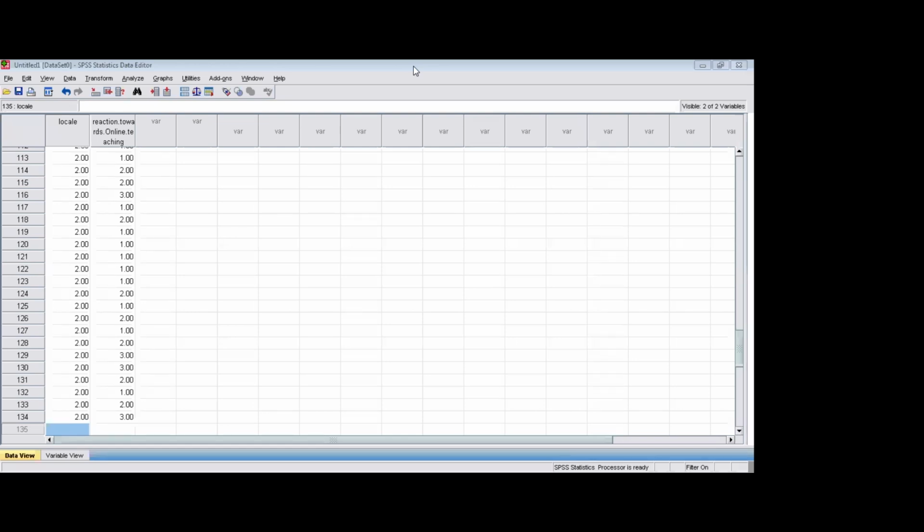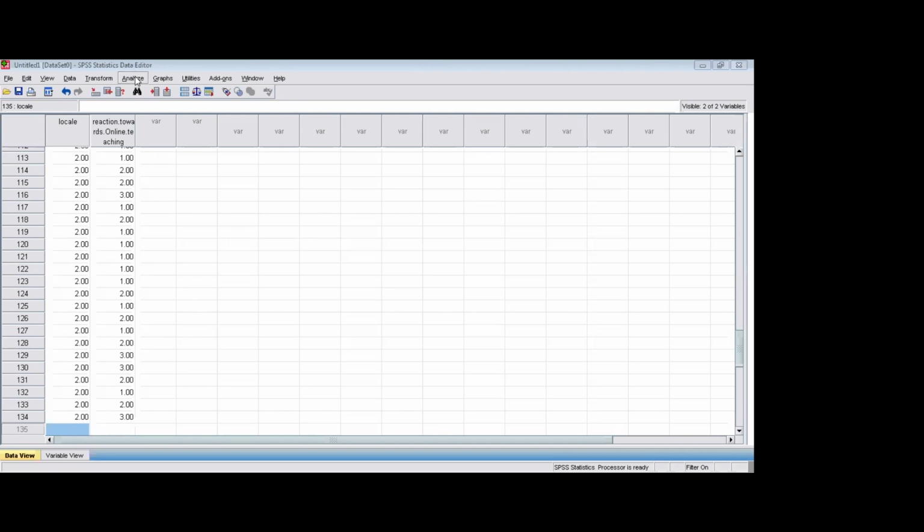SPSS does not show you the program, but it knows that if the frequency is less than 5, it will apply the correction. Nothing to worry about it.